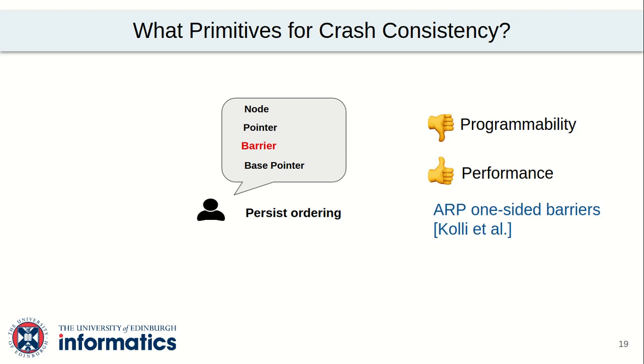In particular, the state-of-the-art persistency model based on ordering, Acquire-Release Persistency or ARP, shows how performance can be maximized with its efficient one-sided barrier semantics and the implementation. Let's understand ARP's one-sided barriers.